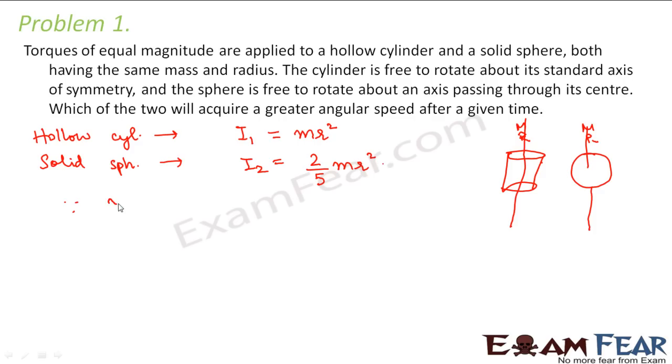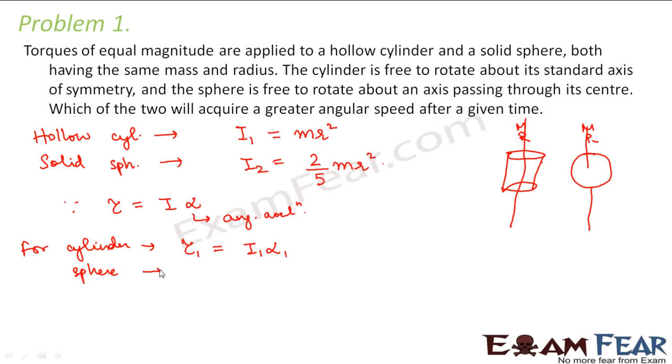Now we know that torque is equal to I into alpha, where alpha is the angular acceleration. So for the cylinder, torque is equal to I1 alpha 1. Similarly, for the sphere, torque is equal to I2 alpha 2.